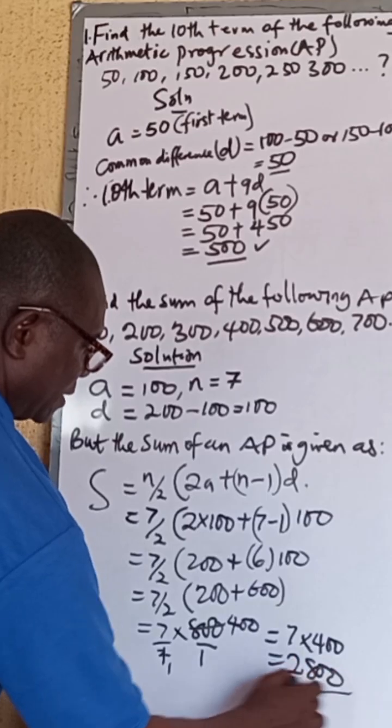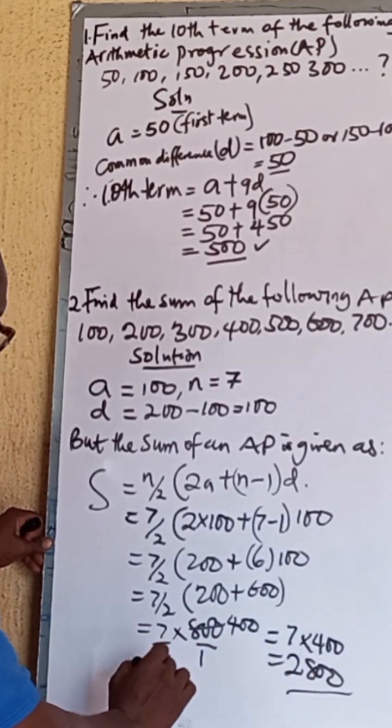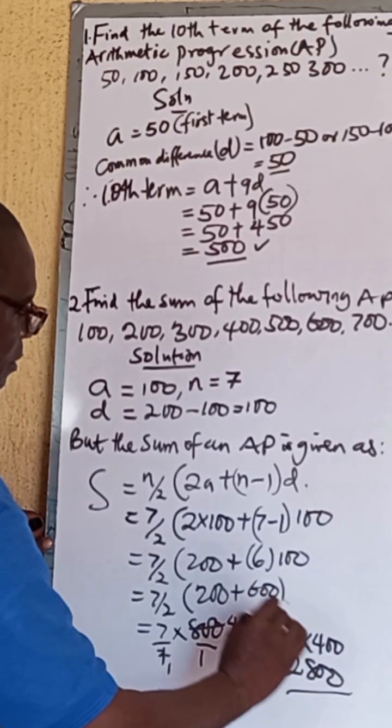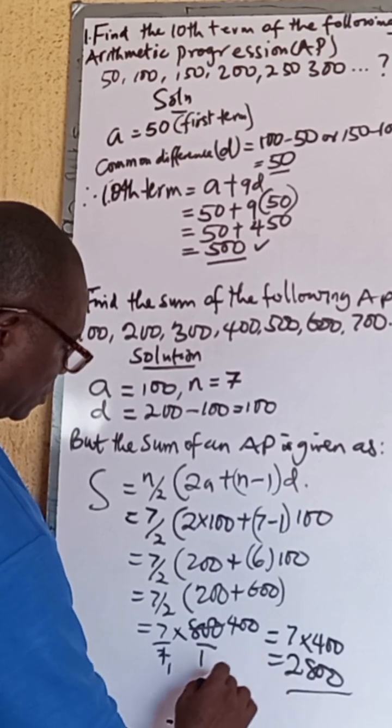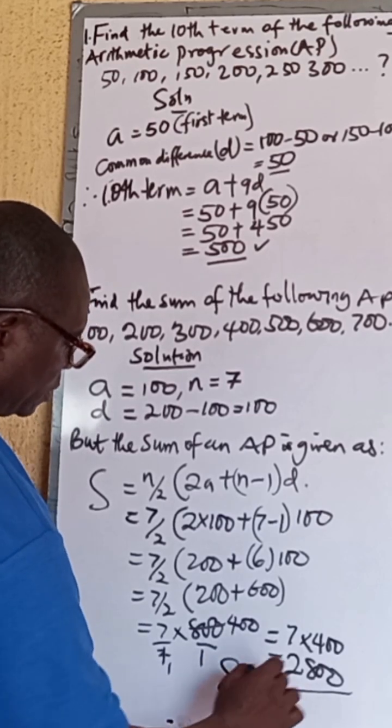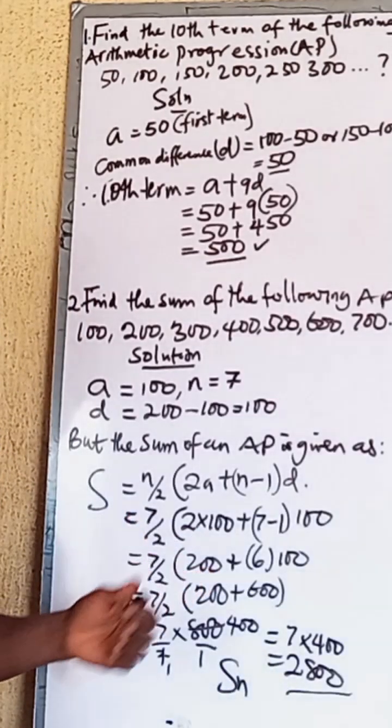So that is the sum. That is our Sn. So Sn is equal to this. Thank you. Keep watching our videos.